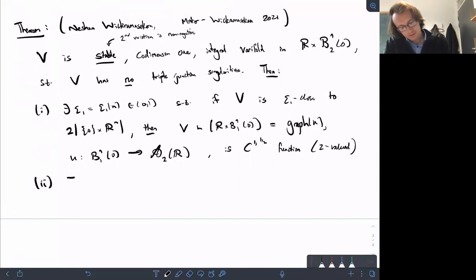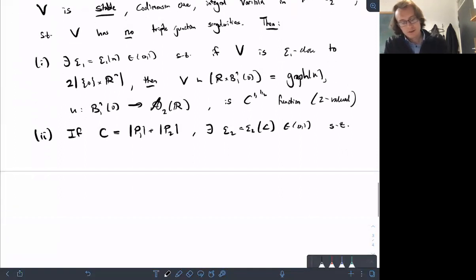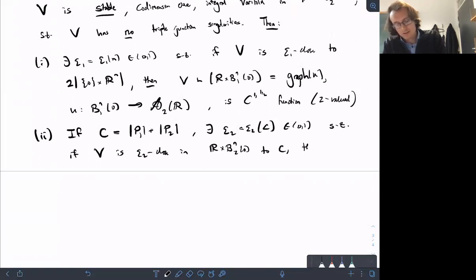And the second result is that if we have a cone, which is the sum of two hyperplanes, then there exists another epsilon, which now depends on the cone, such that if V is epsilon 2 close in the same set to C, then again, the restriction of V, the measure to the smaller ball, is in fact equal to a sum of two graphs.